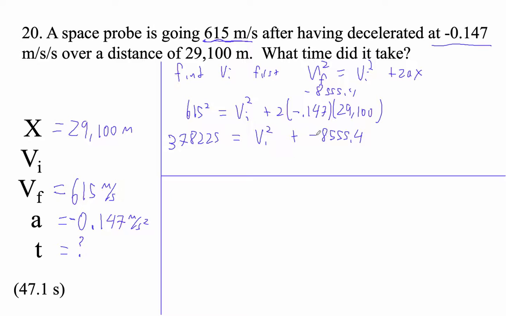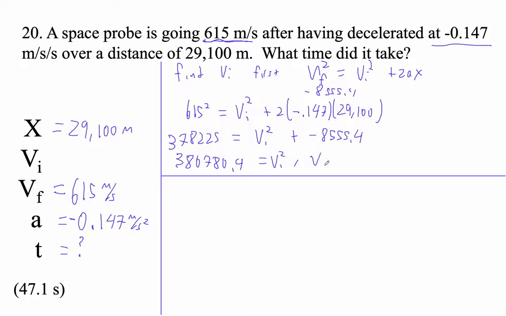So my next step is I'm going to add this to both sides, right? And now I have that 386,780.4 is equal to VI squared, right?